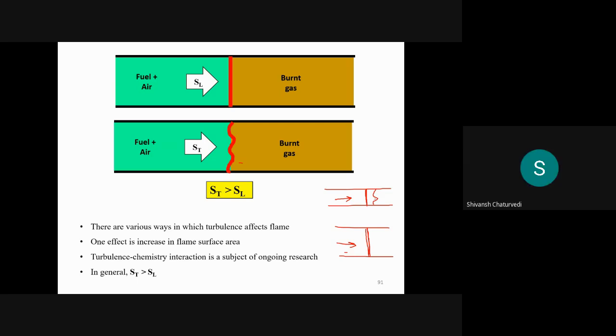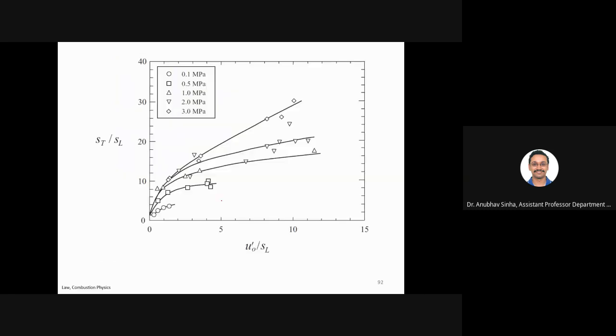Sir, if the flame speed remains the same, then it will increase. Yes, let us say the laminar flame speed remains the same and it has more corrugation. It is a very simplistic approach to look at it. Then this will burn more, and hence ST will be larger than SL. This has been experimentally observed. This is ST by SL, the ratio of turbulent and laminar flame speed.